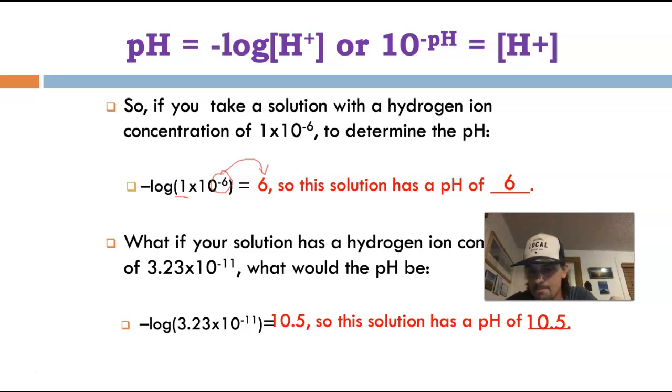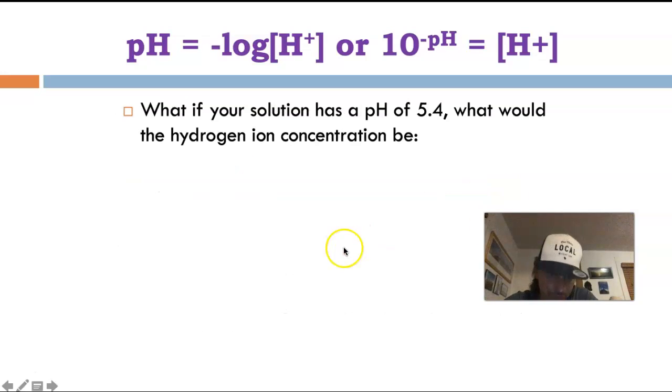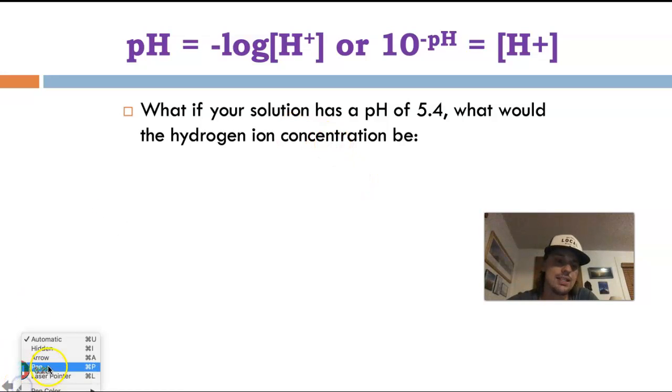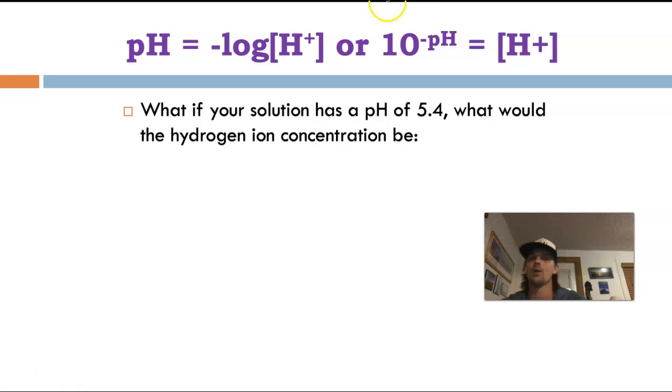So what if your solution has a pH of 5.4? What would the hydrogen ion concentration be? Like I said earlier, we're working backwards, so here we're going to use this calculation. And you are given this equation, if you want to call it that, on your worksheet 9.3. Here I'm going to take 10 to the negative pH, and that's going to give me my hydrogen ion concentration in molarity.